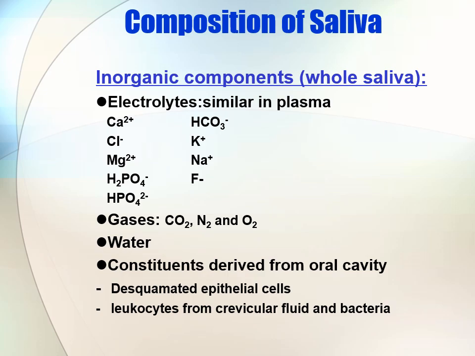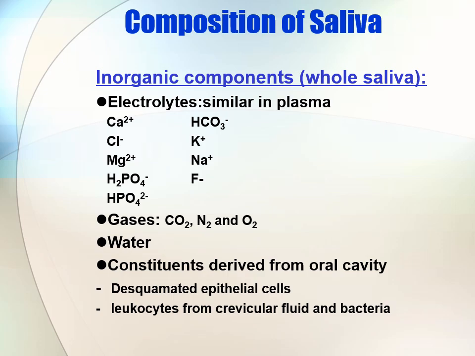In the saliva you can find calcium, bicarbonate, chloride, potassium, magnesium, sodium, fluoride, phosphate, and biphosphate. Whereas the gases are CO2, nitrogen, and oxidants. Don't forget, we also have water as the main component in saliva.